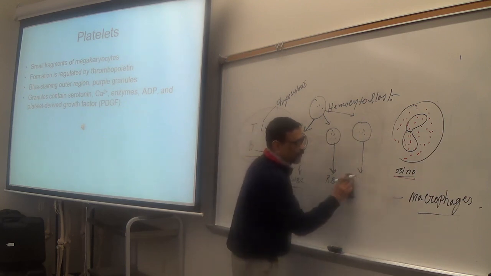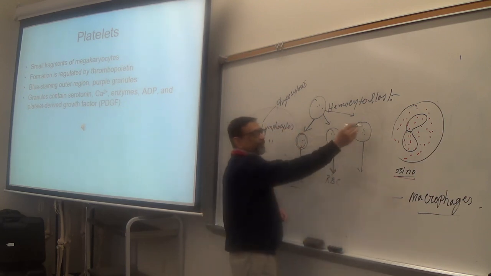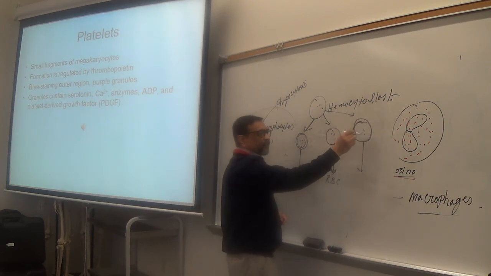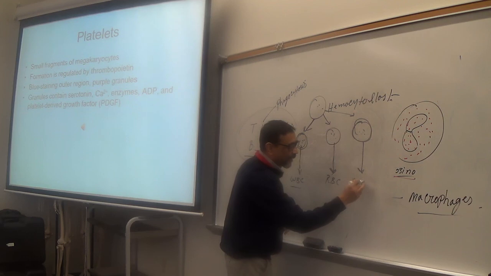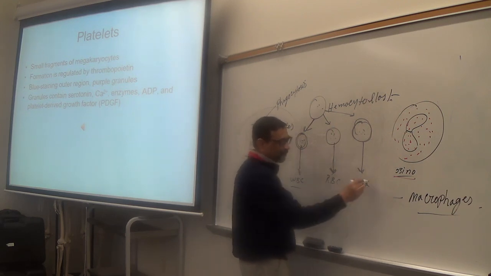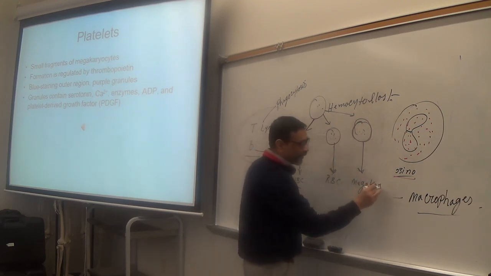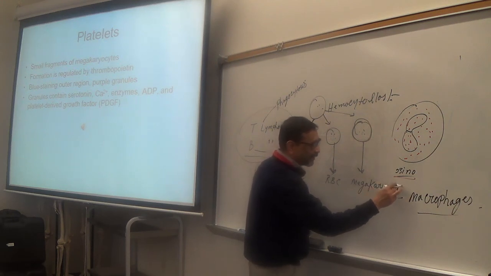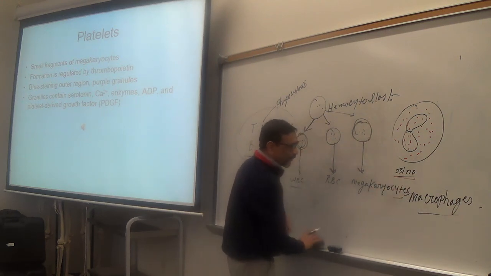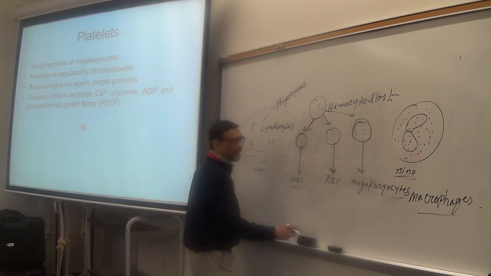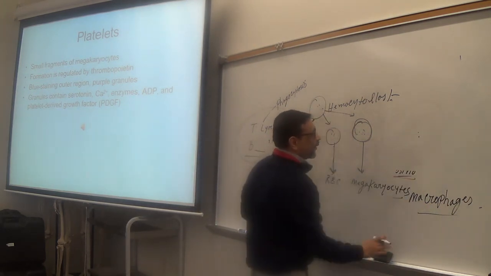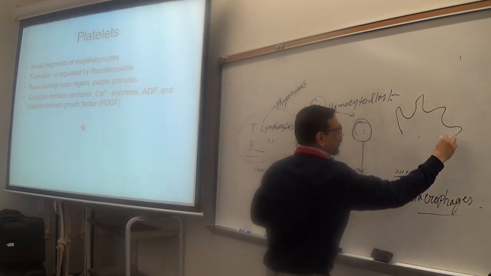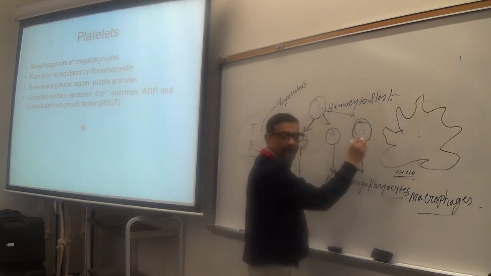So this stem cell will produce a type of cell that is called megakaryocyte. Mega means what? Big. Karyocyte. Now, megakaryocytes are big cells, okay? That's why called mega. And like this. This is a megakaryocyte, okay?